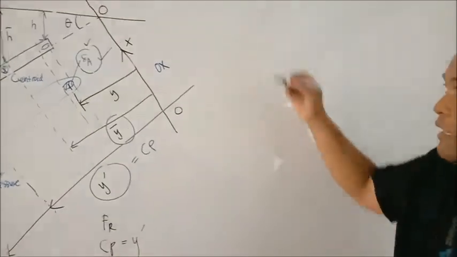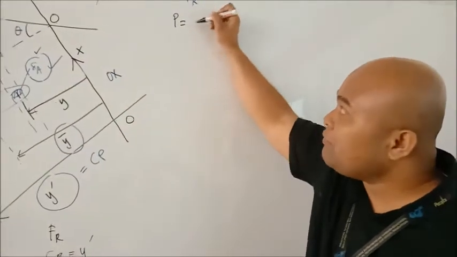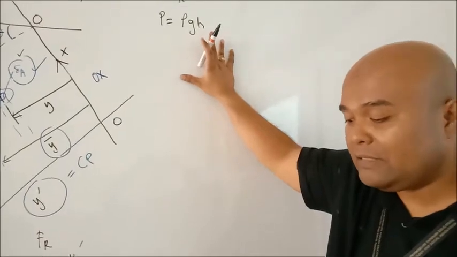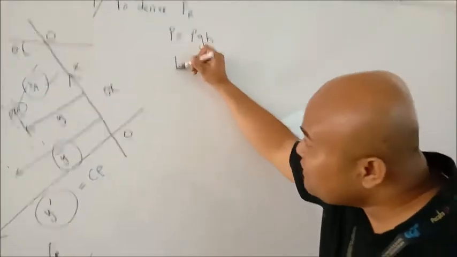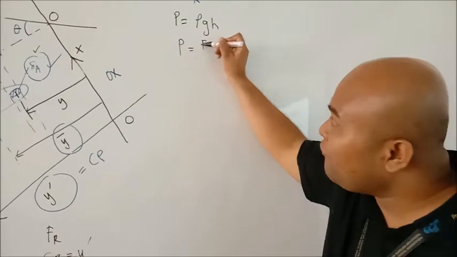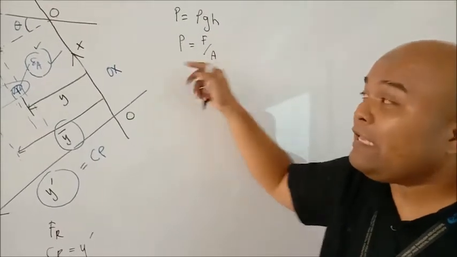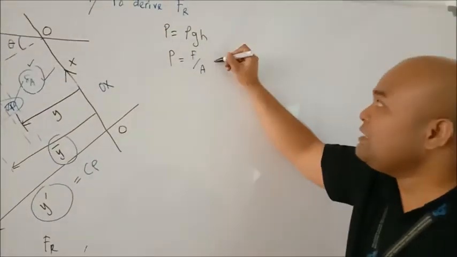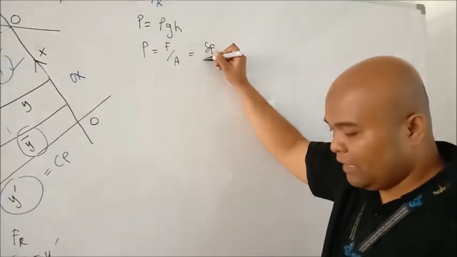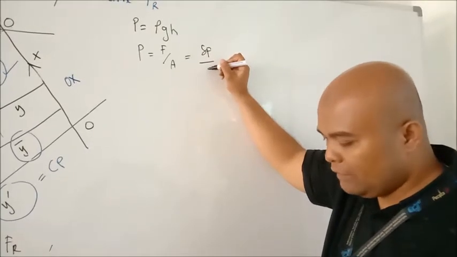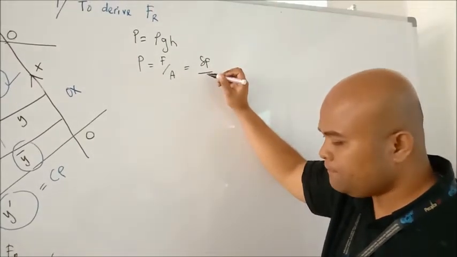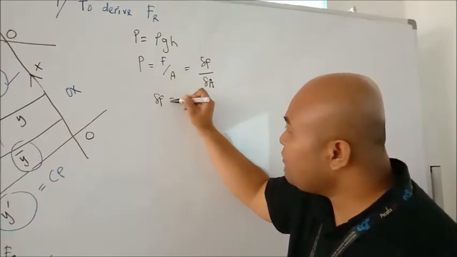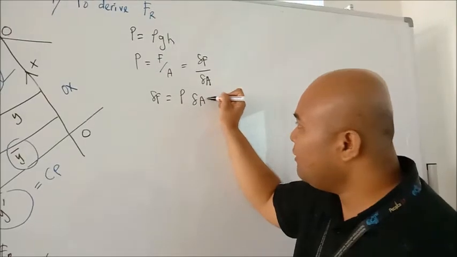Alright, we understand that P adalah sama dengan rho GH. Ini adalah basic equation yang kita akan sentiasa refer, and then we also understand that P sama dengan F over A. Jadi bagi case untuk yang small area element, dia akan jadi delta F bahagi dengan delta A. So delta F sama dengan P delta A. Alright.